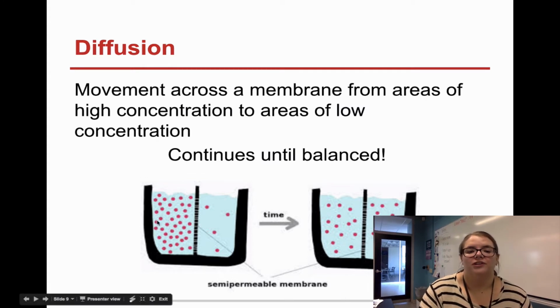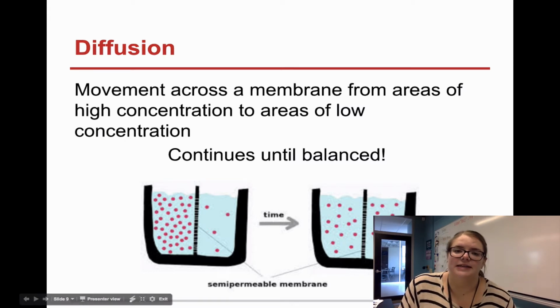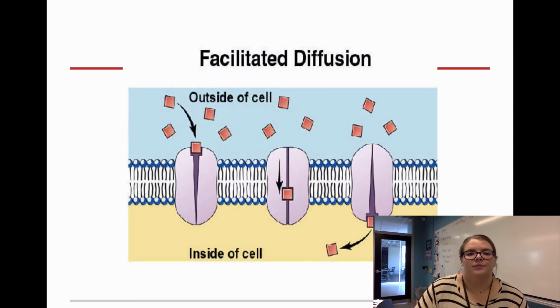So it moves from where there's a lot of them to where there's a little of them. This will continue until eventually they become balanced, which we call homeostasis, or equilibrium is the term we use here. So diffusion: stuff moves from high to low until it's balanced out.